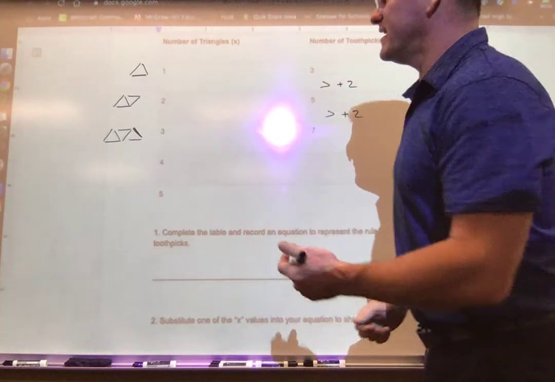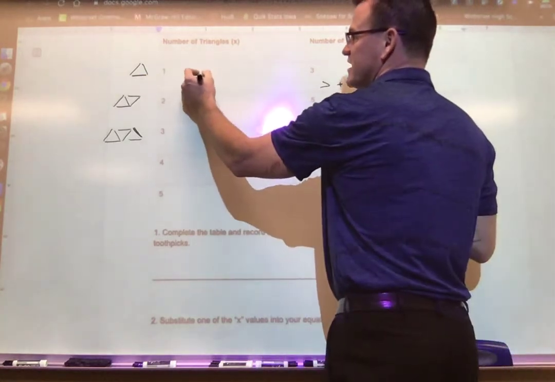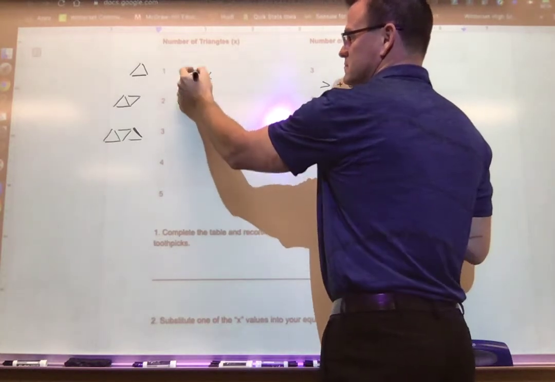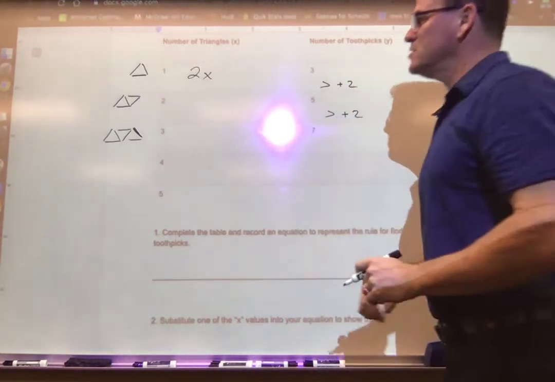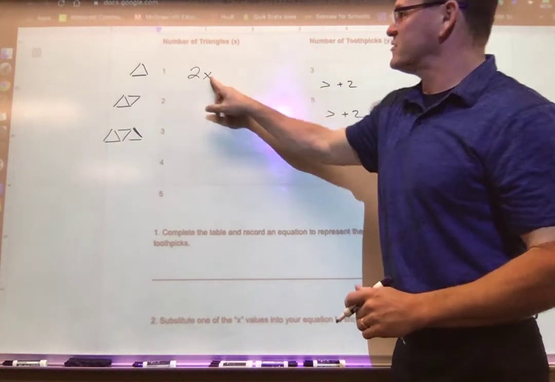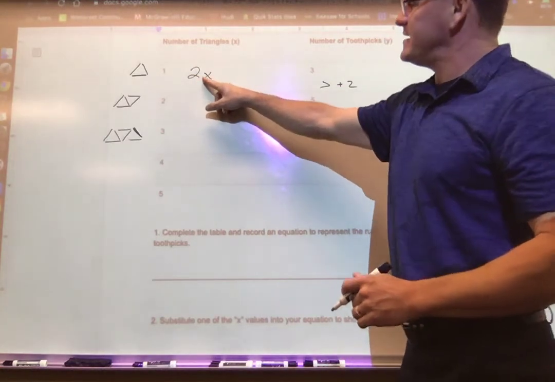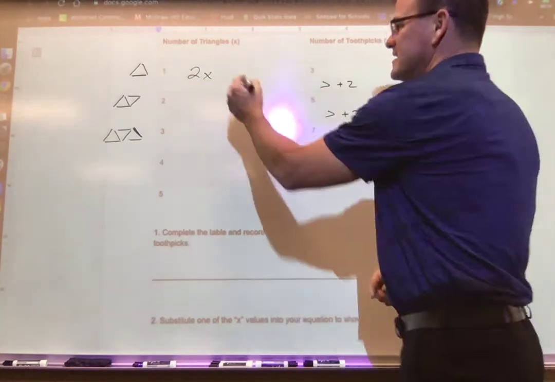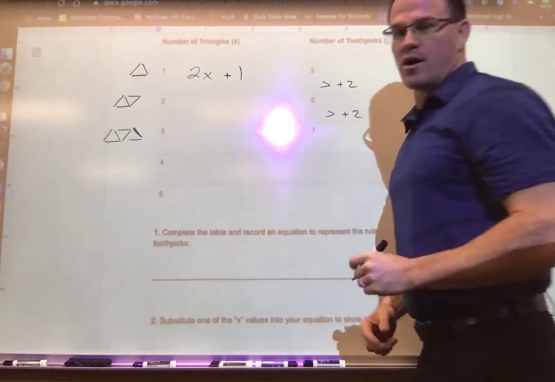Could I double it? So if I take my triangles and double them, take it times 2. If I took this 1, which would be my X, and took 2 times 1, I double whatever the triangle is, and then add 1 more.